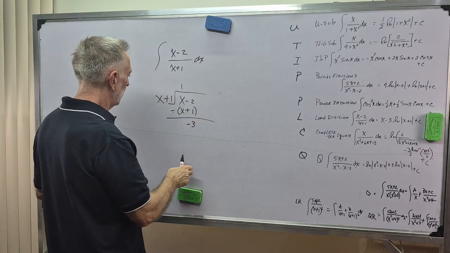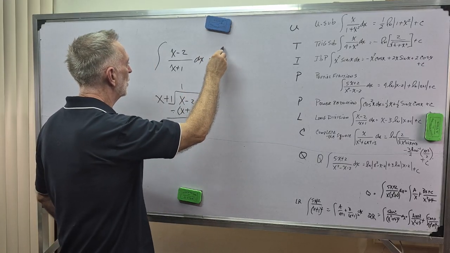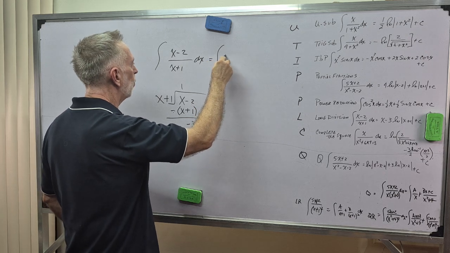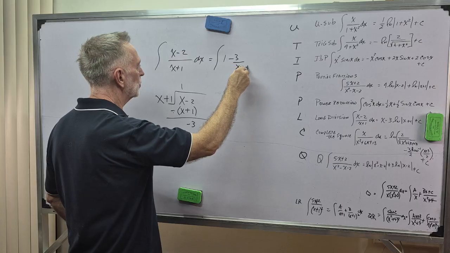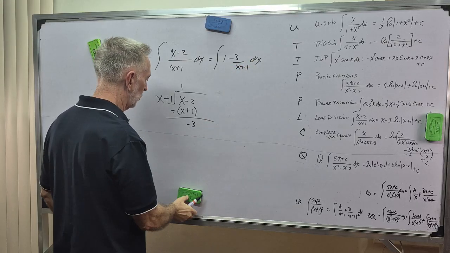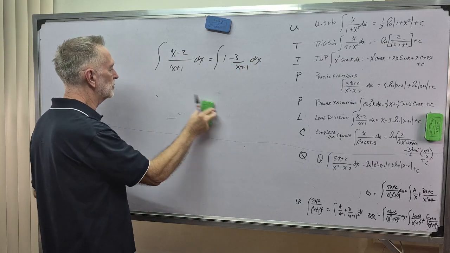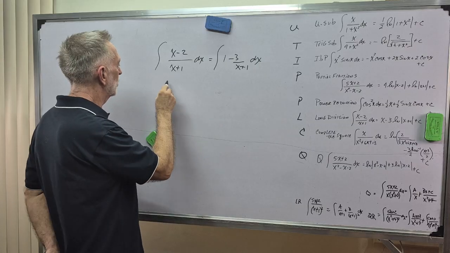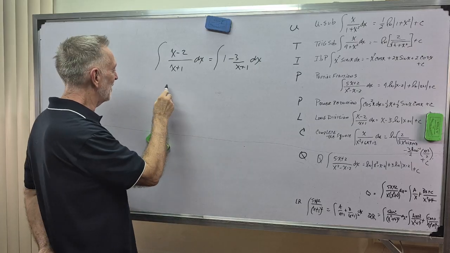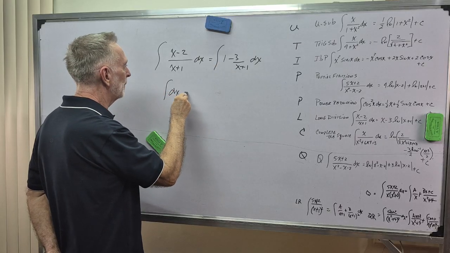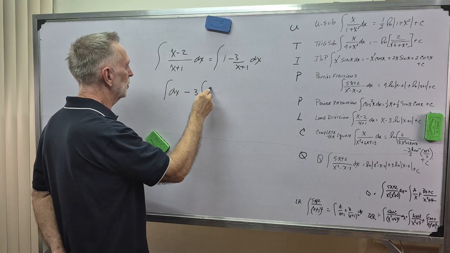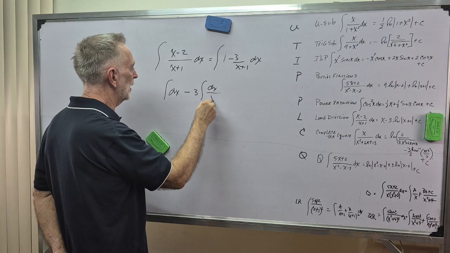So I end up with the integral of 1 minus 3 over x plus 1. Well, it totally changes the whole concept here. So let's break it apart and not mess it up this time: the integral of 1 dx minus 3 times the integral of dx over x plus 1.